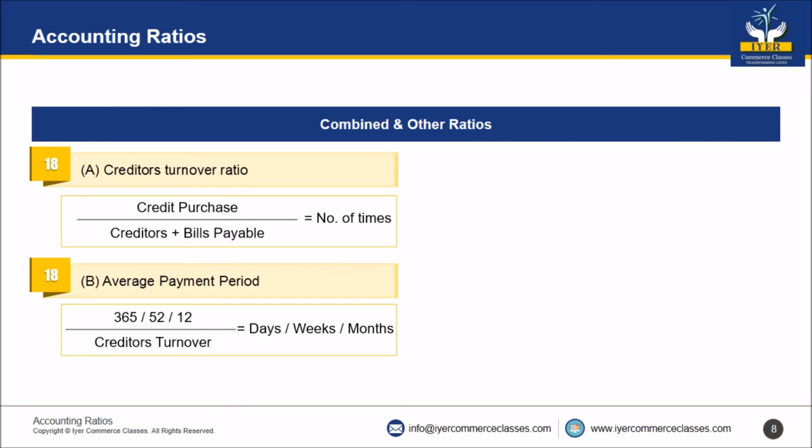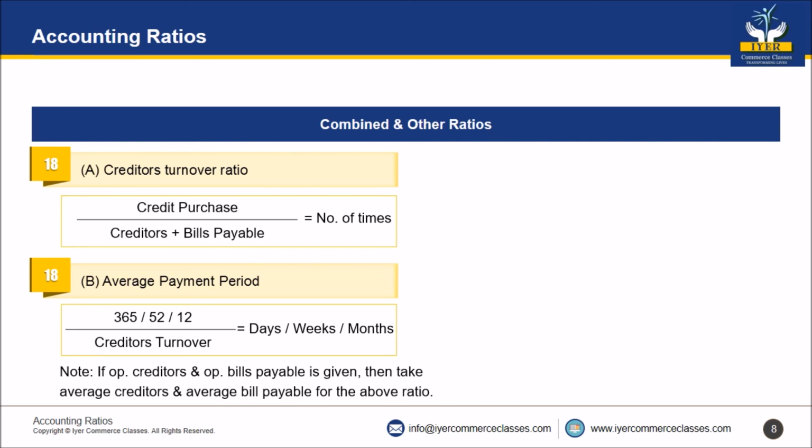You will get the answer in days or weeks or months as the case may be. If opening creditors and opening bills payable is given in the problem, then take average creditors and average bills payable for the above ratio. And last, debt service ratio.